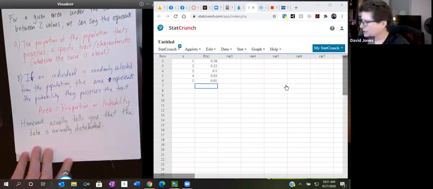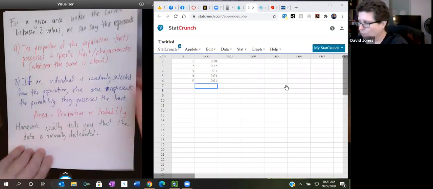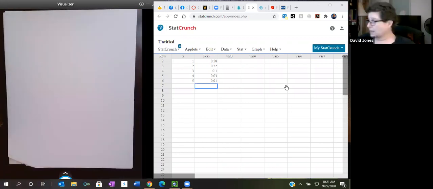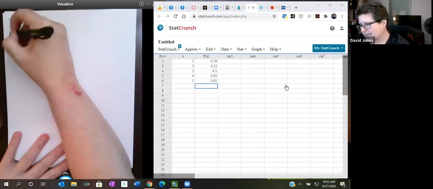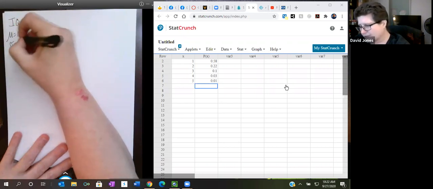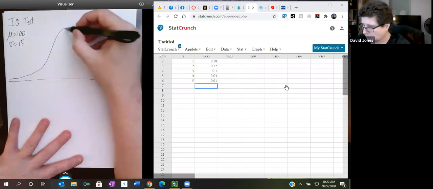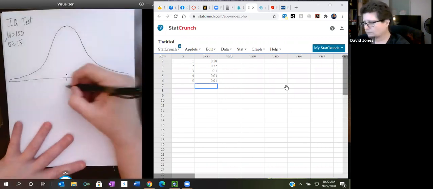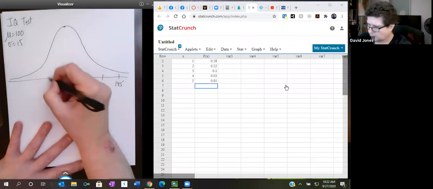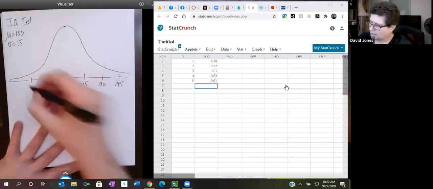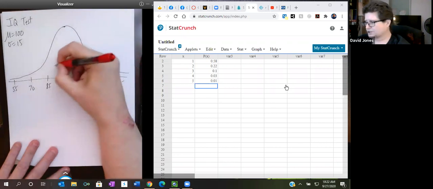Let me spell this out with the IQ test. Let me put the IQ test information up here and give you an example of what I mean by A and B. So the standard IQ test has a mean of 100 and a standard deviation of 15. And we'll just throw in the percentages.